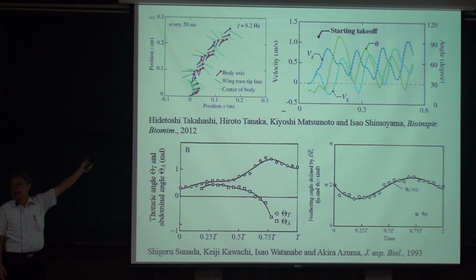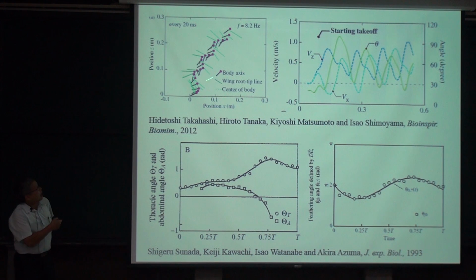Okay. And this is the other experimental report, given by a team of Japanese researchers. They measured the body's angle. They found butterflies are the only species that will change the angle of the body, compared to all other insects.